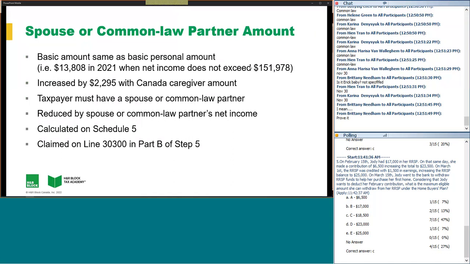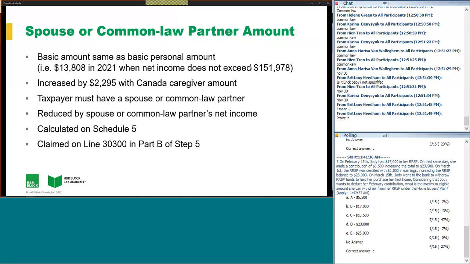If you're in the top two tax brackets, it will match what your personal amount is. Okay. And you have to reduce it by your spouse or common law partner's net income. So this is important. They get a credit if you're supporting them, but the credit does not include their income. So we have to subtract their income from it. It's the net income that we're subtracting, not taxable income.